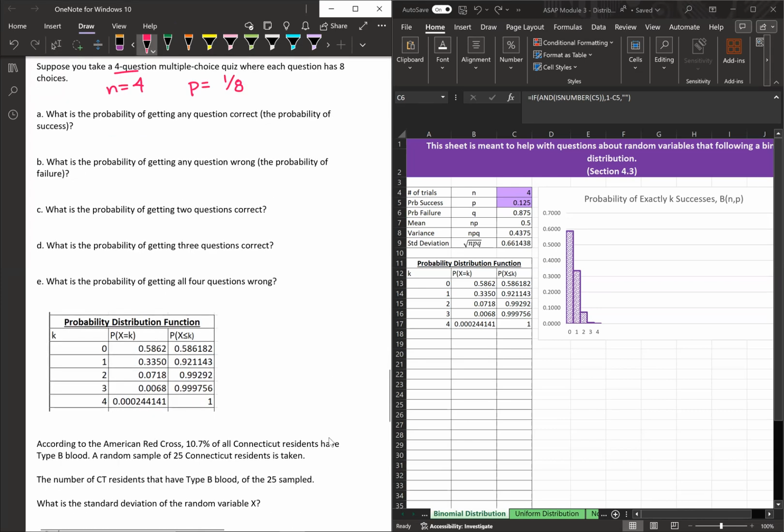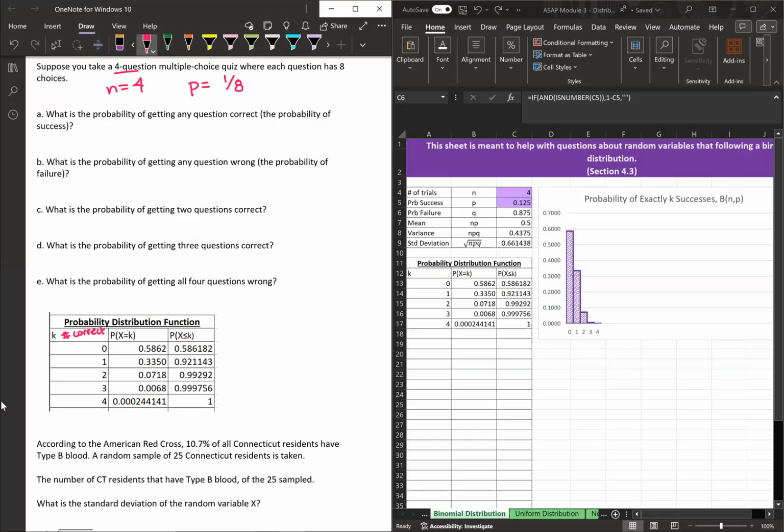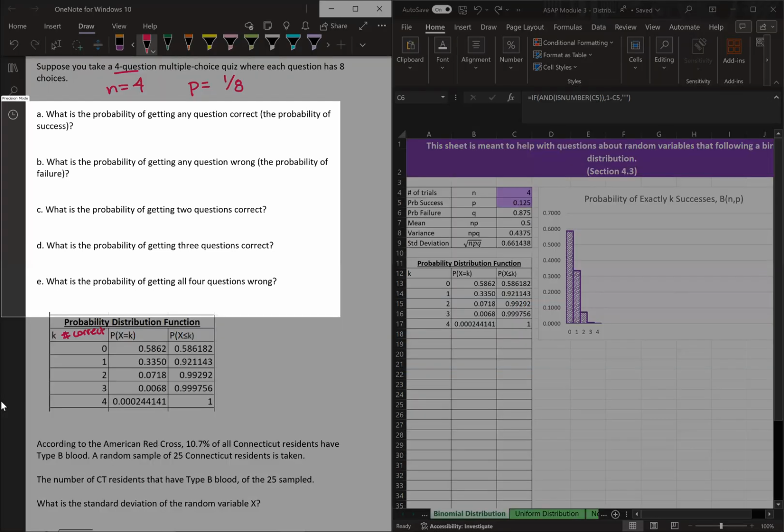So remember, K is going to be the number correct, the number of successes. What is the probability of getting any question correct? What's the probability of success? This is just saying if on any question you were to guess, what is it? And it's just the probability of success. We already said it was 1/8, or as a decimal, 0.125.